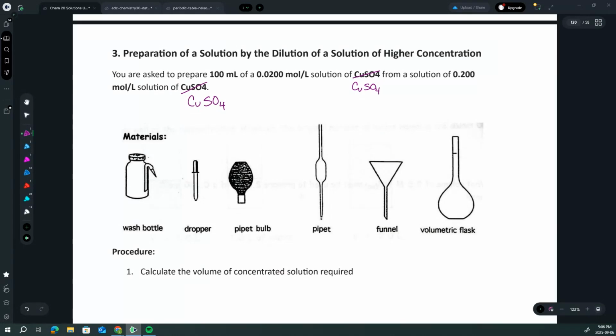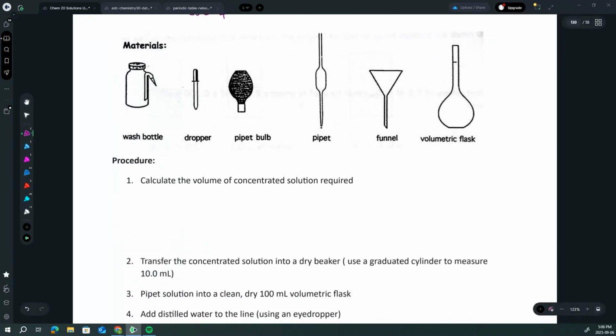So the materials that we would need, if we were in a lab, would be a wash bottle, dropper, pipette, pipette bulb, funnel, and volumetric flask. Let's start off with figuring out the volume of the concentrated solution that we would need in order to create this new solution.